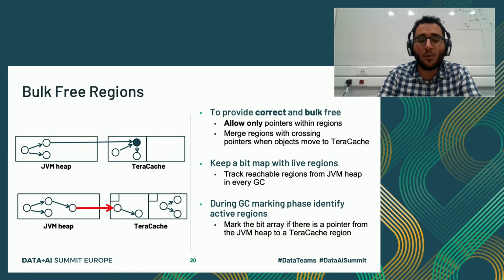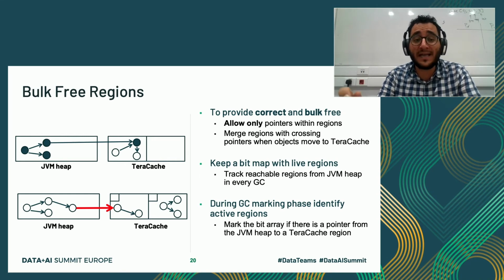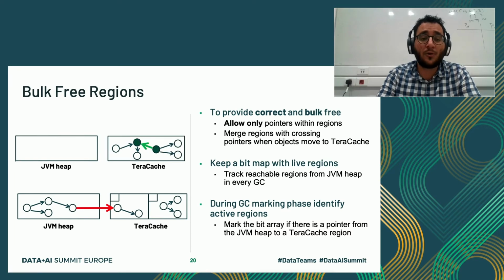When we move objects from the JVM heap to TeraCache, we identify that we have a pointer from the JVM heap to a certain region in the TeraCache. So these three objects are going to be moved into a new region in the TeraCache, and then we are going to merge these two regions into one.